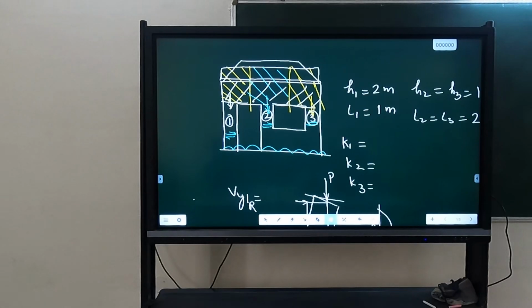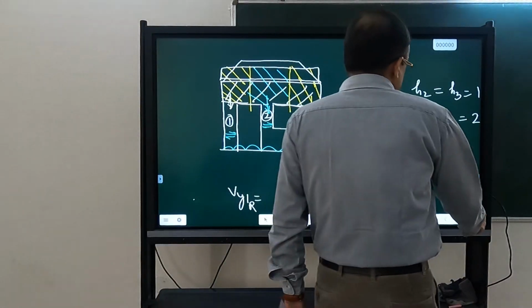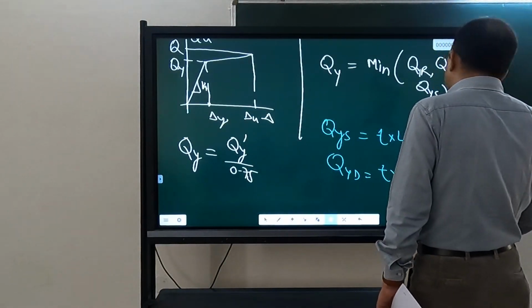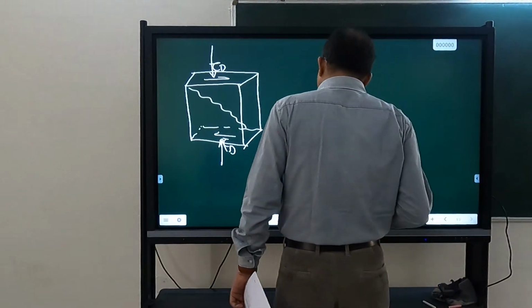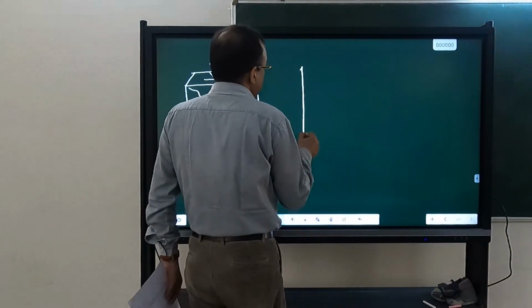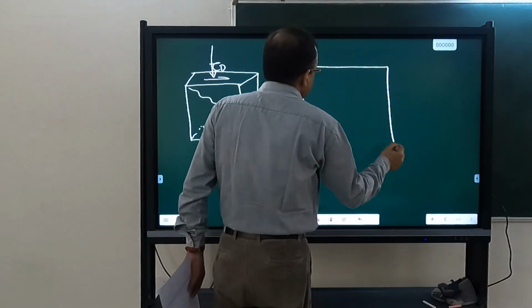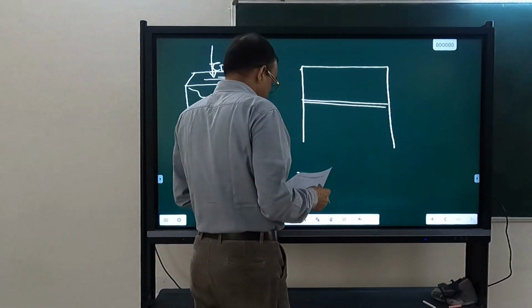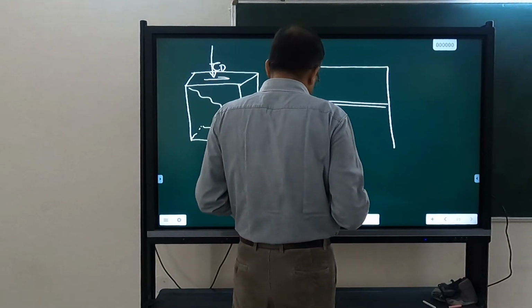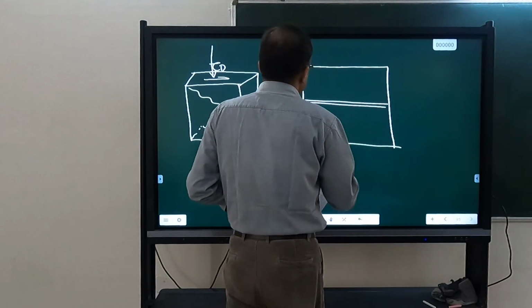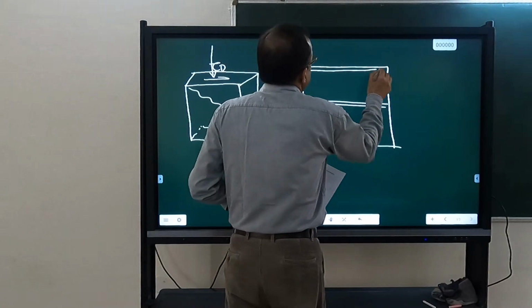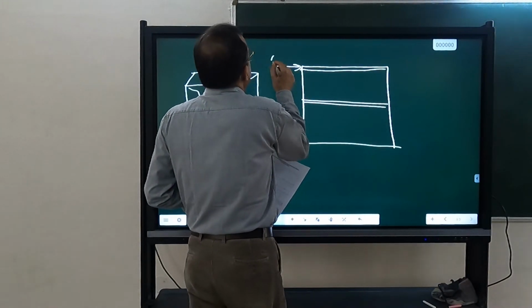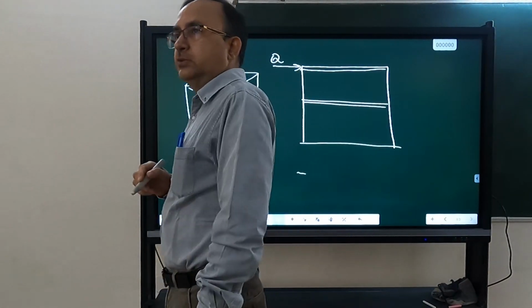What I mean is what you have already done in case of frame: in one case, the force will be acting here only. This is one.